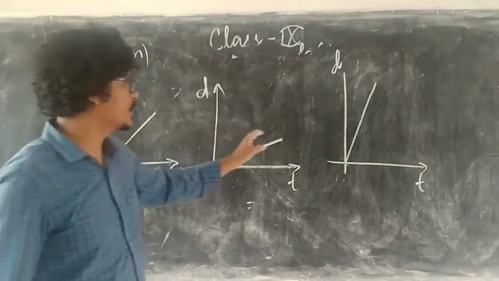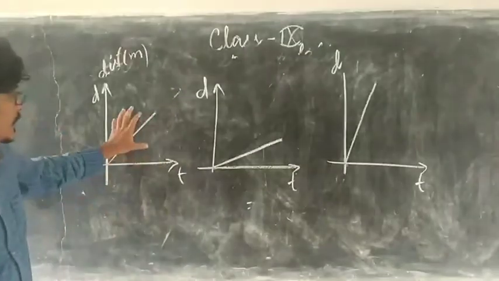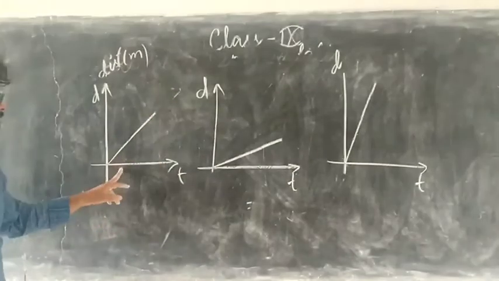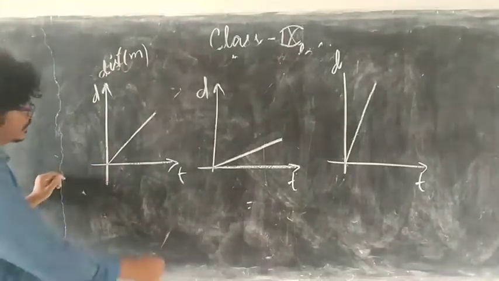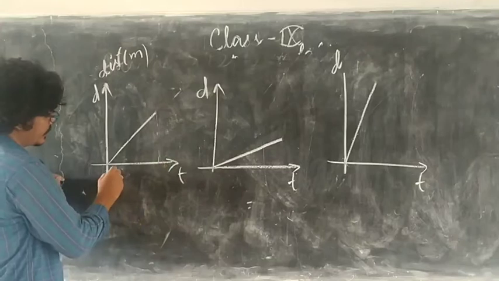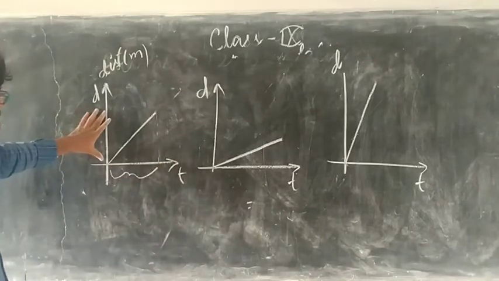All of these graphs represent uniform motion. But what can you observe from these three graphs? If you see this graph, in this time interval, the object is covering more distance.